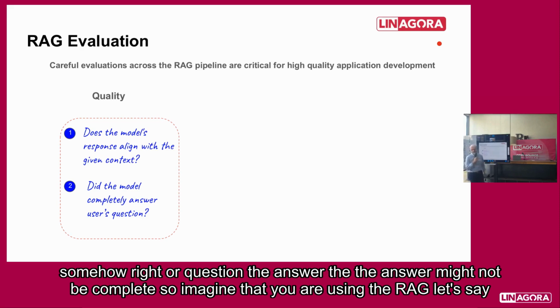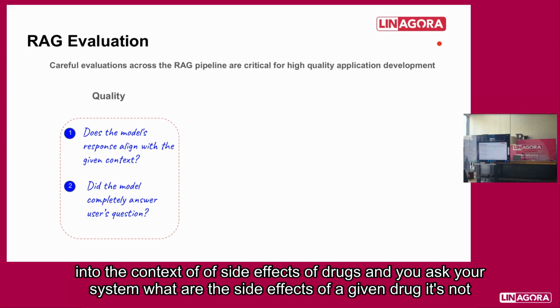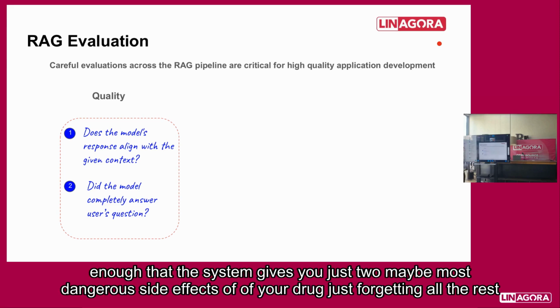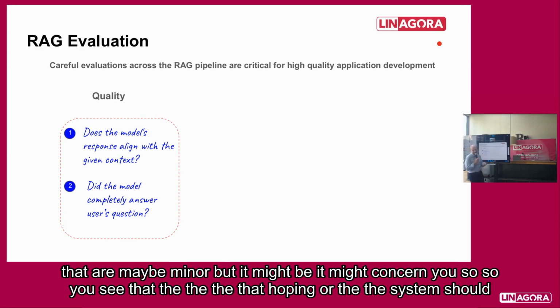Imagine that you are using RAG in the context of side effects of drugs, and you ask your system what the side effects of a given drug are. It's not enough that the system gives you just the two most dangerous side effects, forgetting all the rest that are maybe minor, but might still concern you.